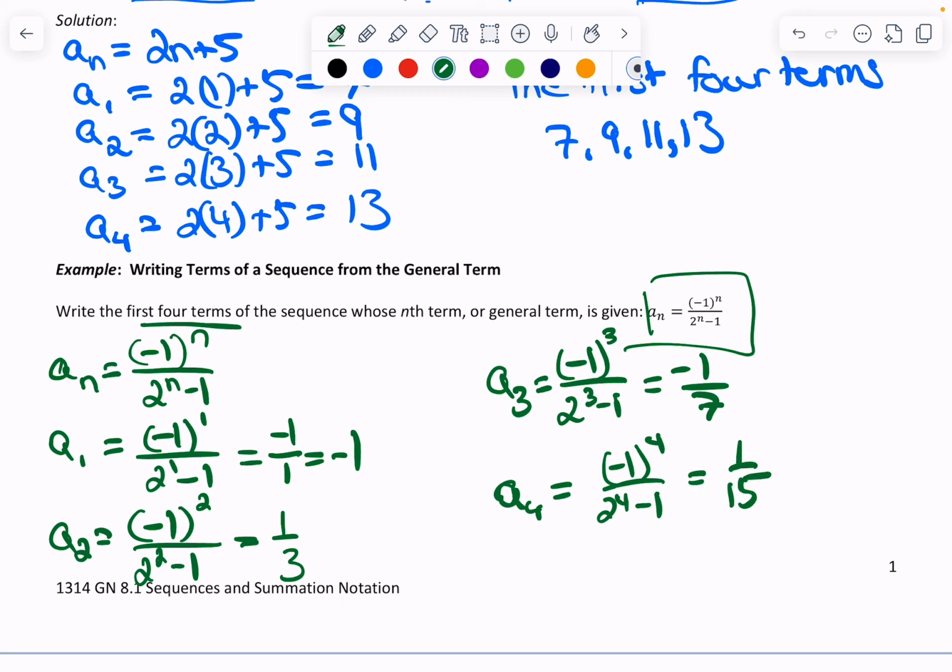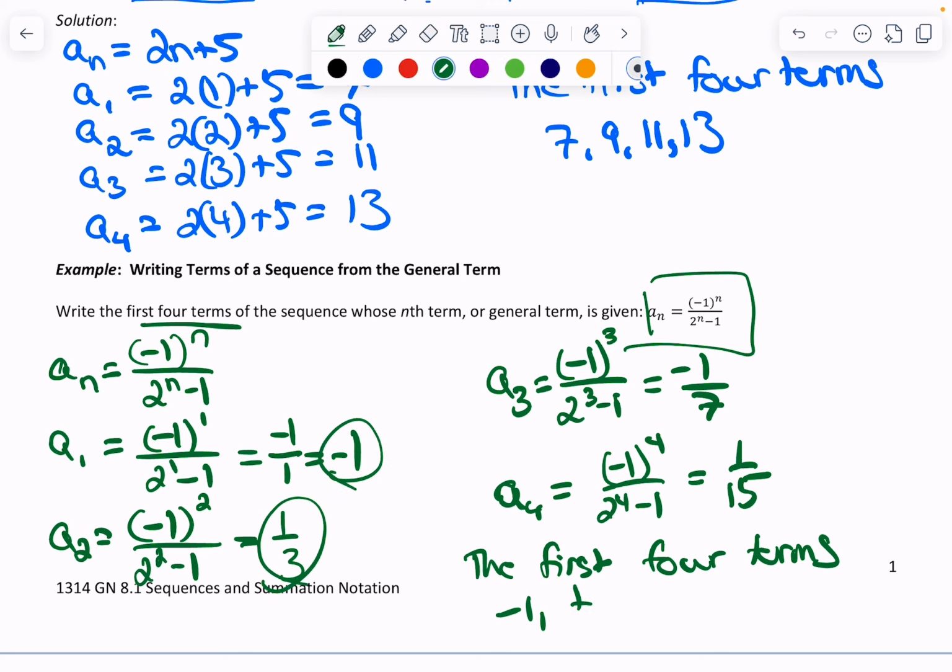So the first four terms are negative 1, 1/3, negative 1/7, and 1/15.